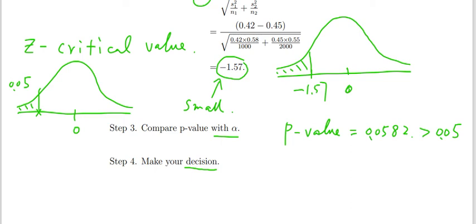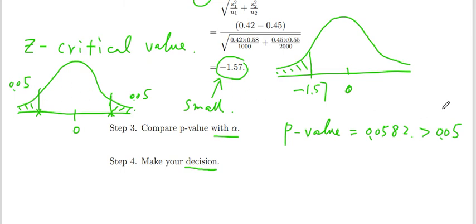So let's check this number. We can only check the positive part in the table. So this tail is 0.05, and we ask what the cutoff point is. If the tail is 0.05, then the left side all the way down is 0.95.